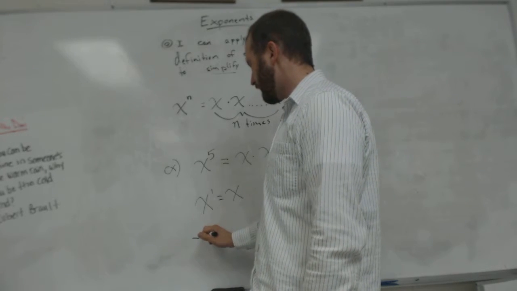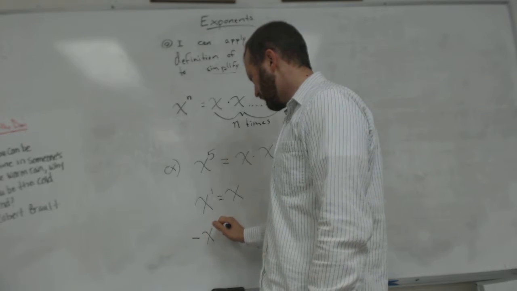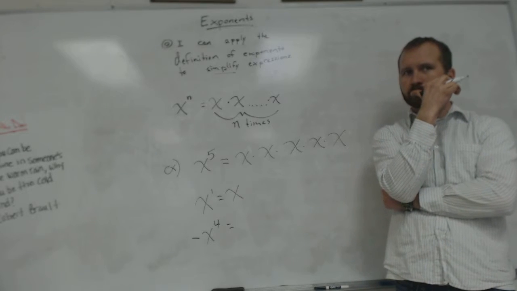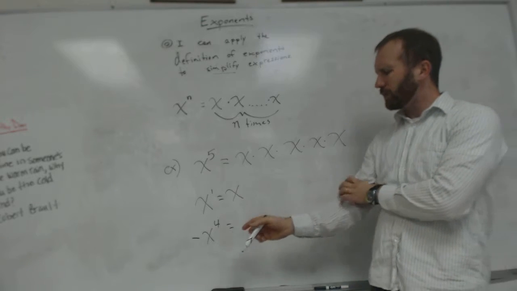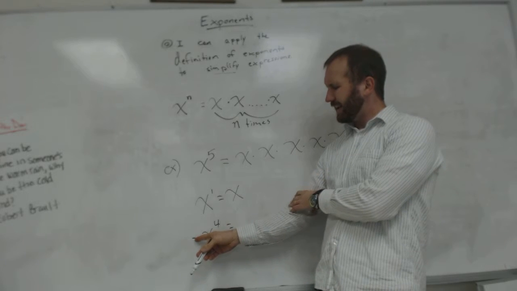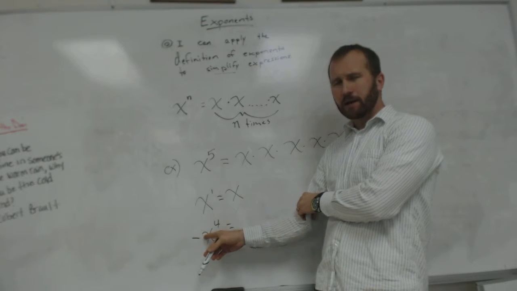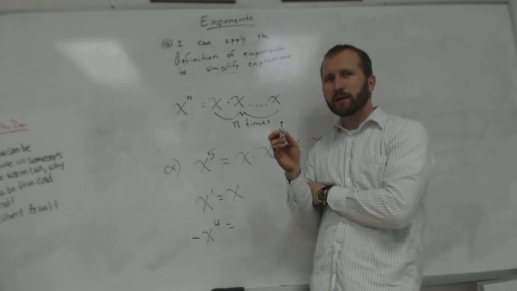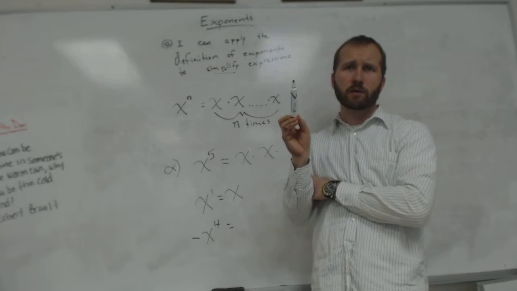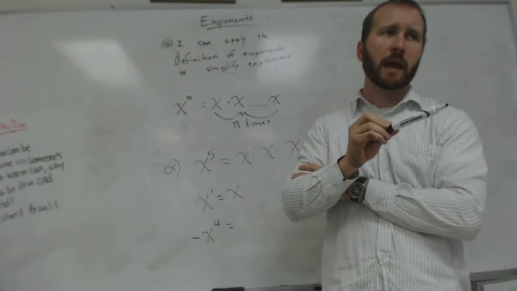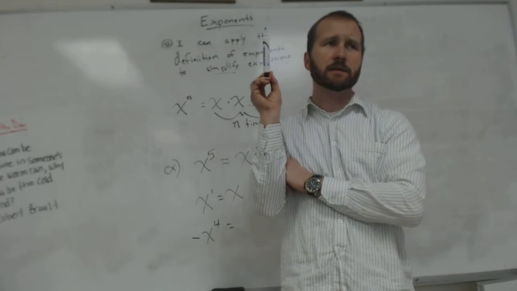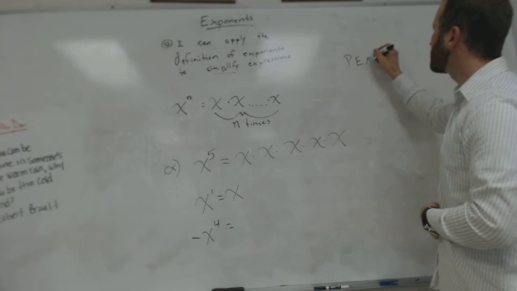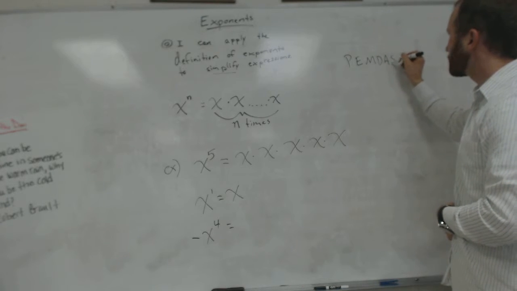Right? Here's a trick with exponents. Let's say I have negative x to the 4th power. You have to remember that technically this means negative 1 times x to the 4th power. Think back to your order of operations. What does the order of operations say? PEMDAS. The P is parentheses. What is the E? Exponents.